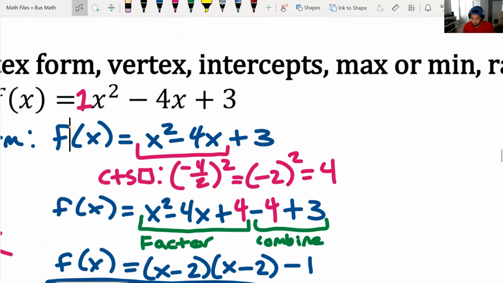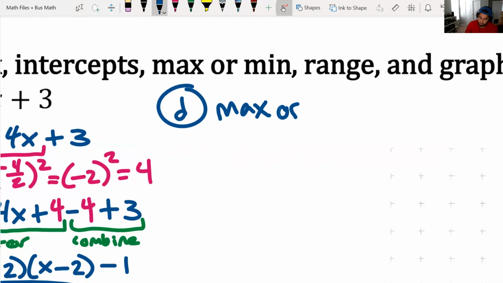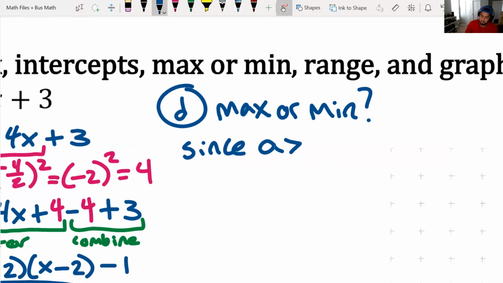So where could I write that? I'll do that over here. We'll say D, max or min. And since A is greater than 0, meaning A is positive because A is 1, we have a minimum.